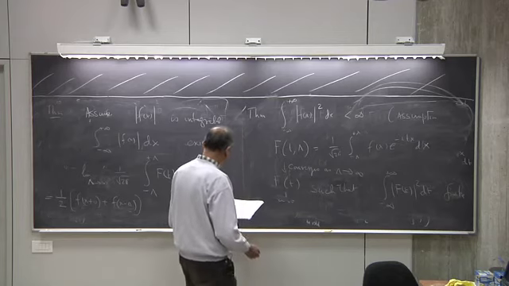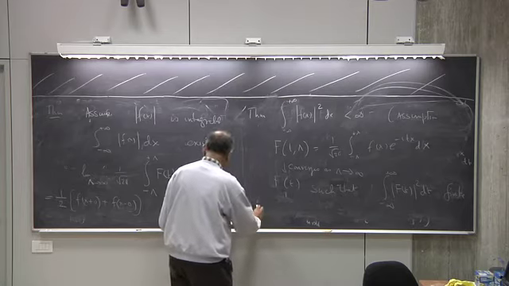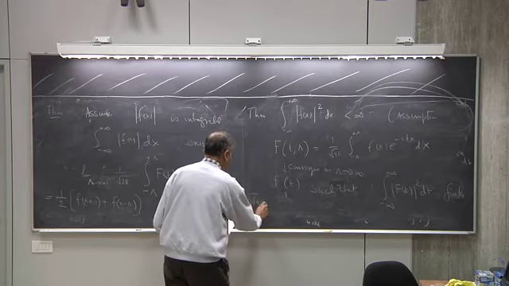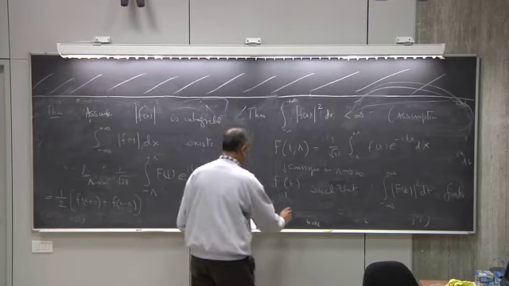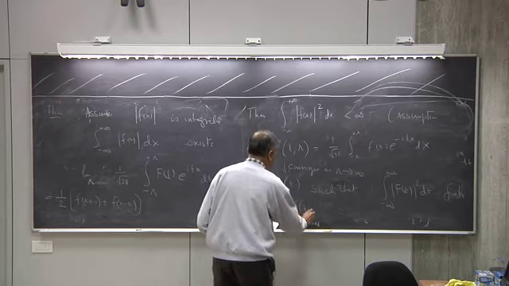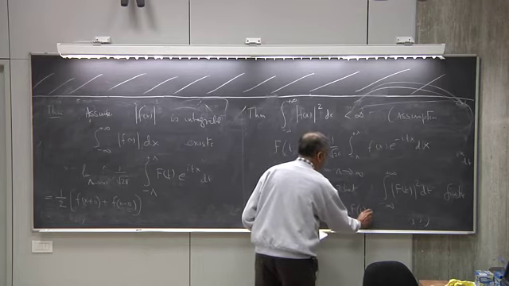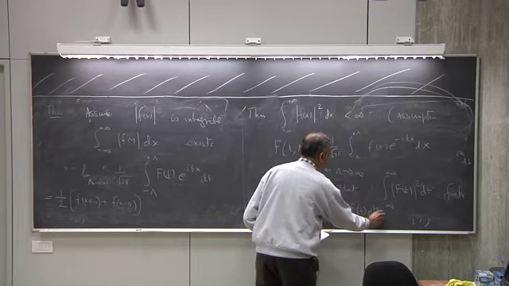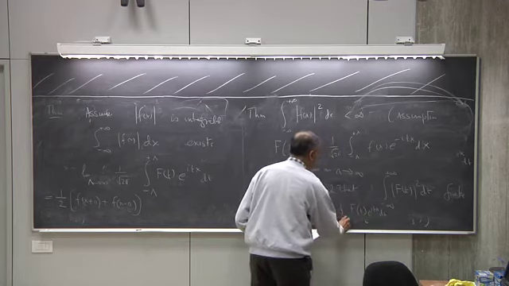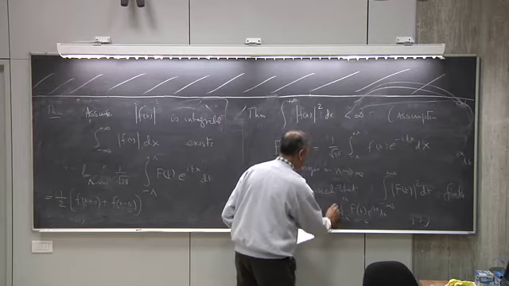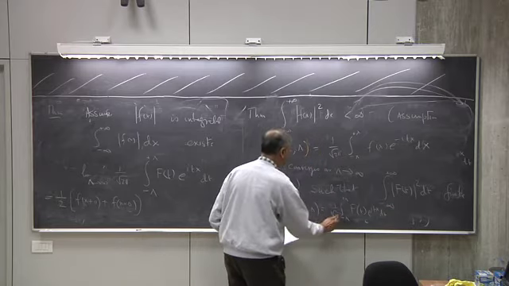And furthermore, the inverse transform, you define the same way: f of x lambda is the integral of f of t e to the i x t dt from minus lambda to plus lambda, times 1 over root 2 pi.